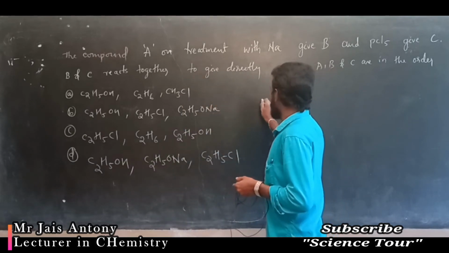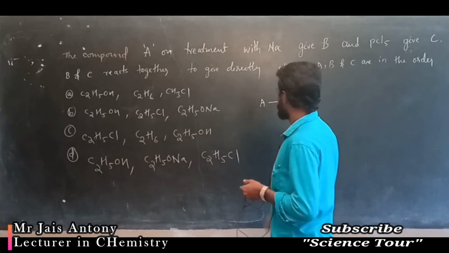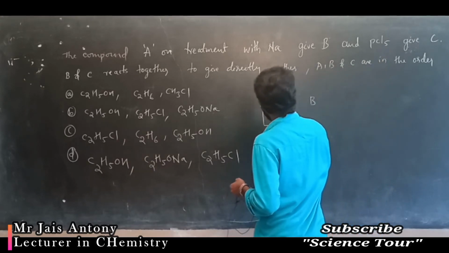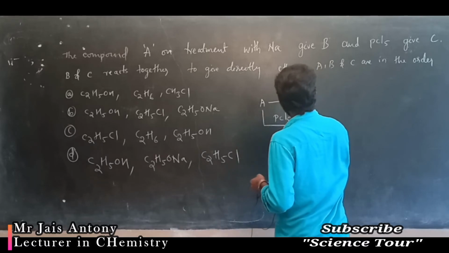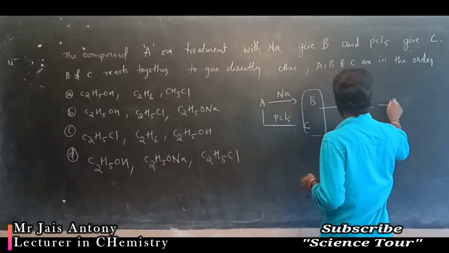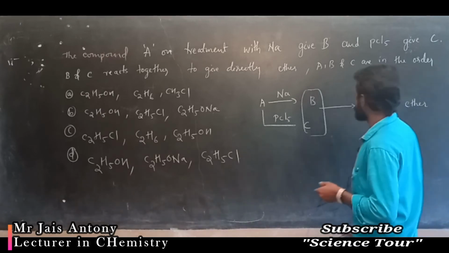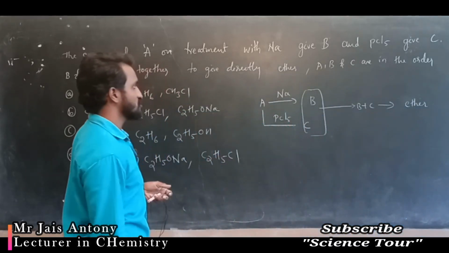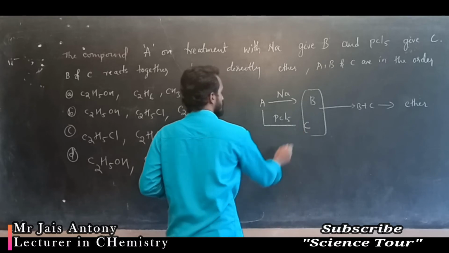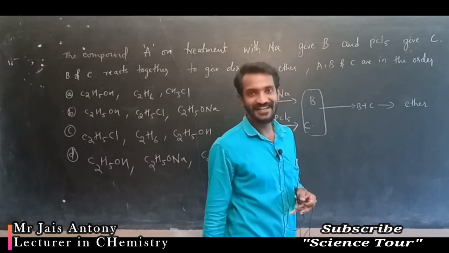Compound A on treatment with sodium gives B, and the same compound on treatment with PCl5 gives C. B plus C react together to give ether. The question is this simple.